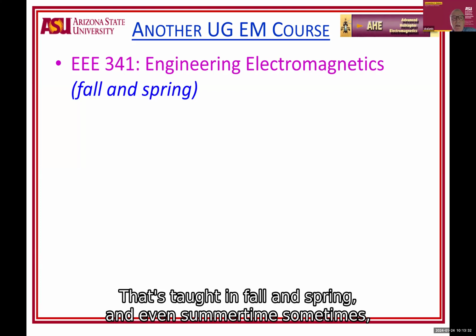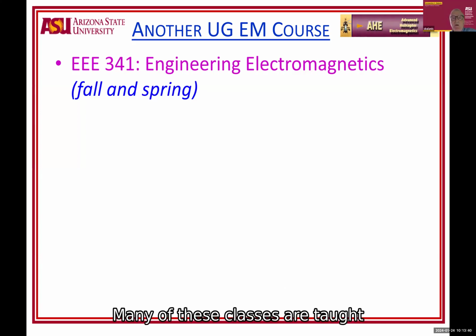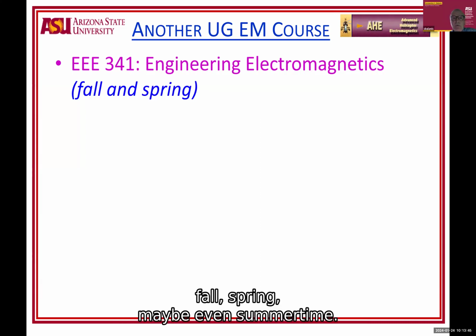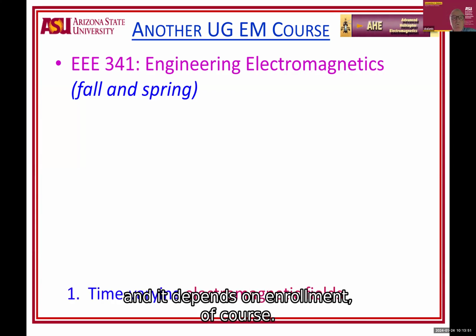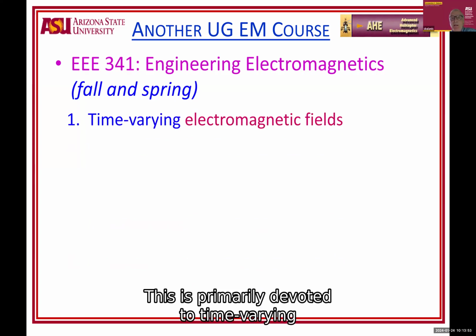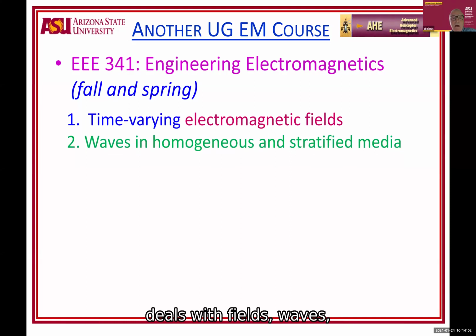That's taught fall and spring, and even summertime sometimes, especially nowadays with online classes. Many of these classes are taught fall, spring, maybe even summertime. You have to check to see which one, and it depends on enrollment, of course. This is primarily devoted to time-varying electromagnetic fields, dynamic or time-varying as well.